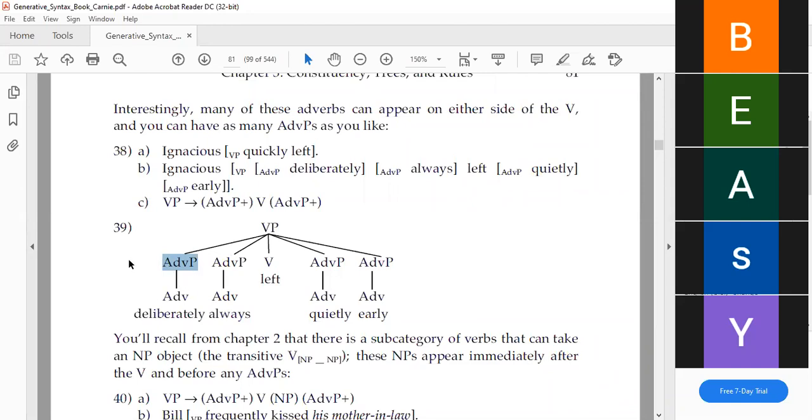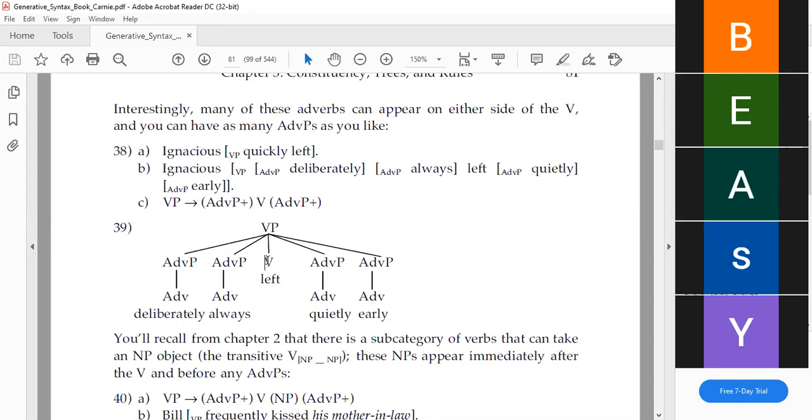Yes, because it is attached within the higher adv, and this is not true. Because deliberately modifies the verb, and always modifies the verb, and quietly modifies the verb, and early modifies the verb. So all of them, remember, modifiers are always attached within the phrase they modify.